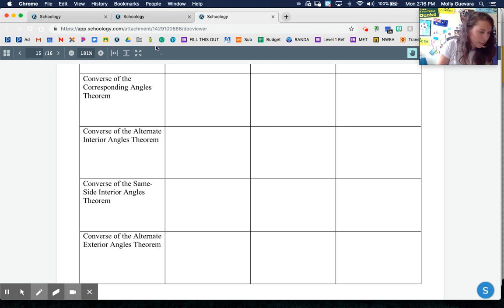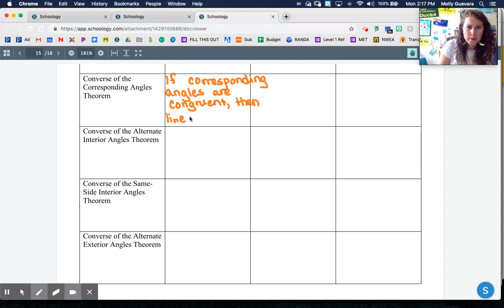But the converse is, if corresponding angles are congruent, then lines are parallel.